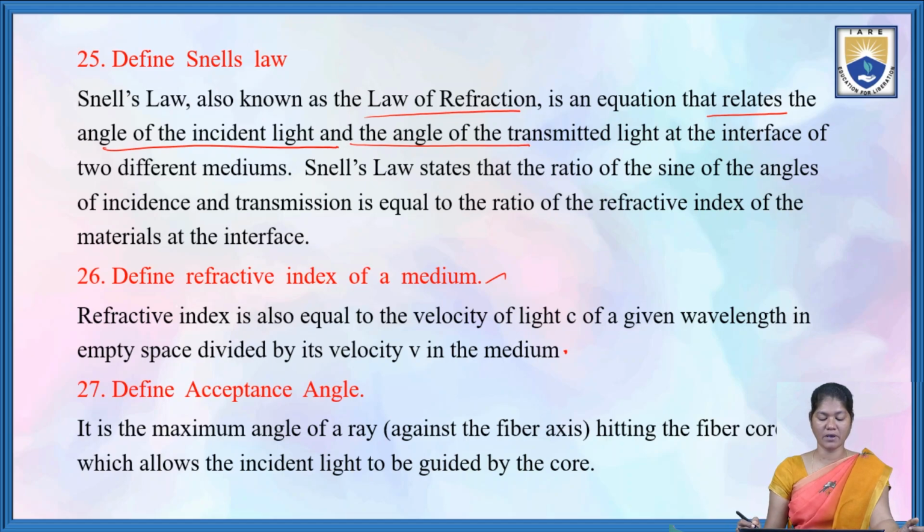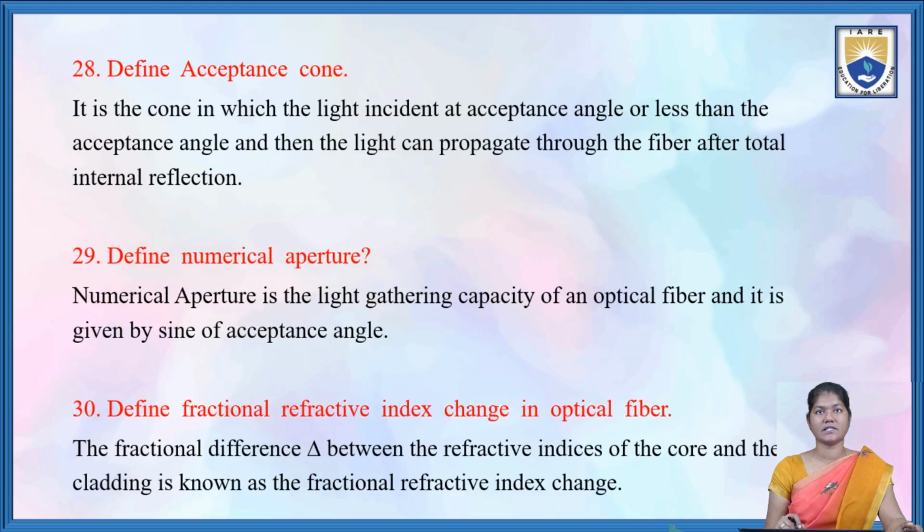It is the maximum angle of a ray hitting the fiber core which allows the incident light to be guided by the core. Define acceptance cone. It is the cone in which the light incident at the acceptance angle or less than the acceptance angle can propagate through the fiber after total internal reflection.